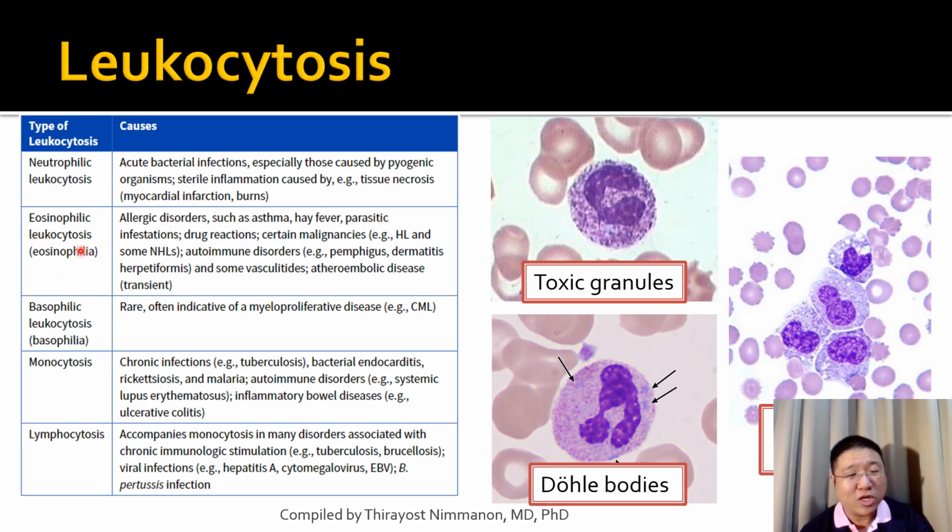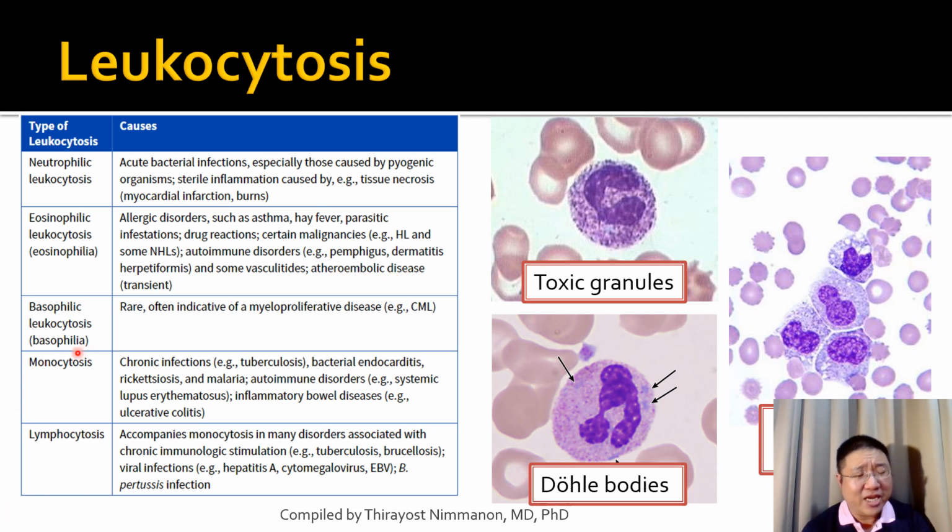And additionally, this condition can be seen in drug reactions and certain malignancies, including Hodgkin lymphomas and non-Hodgkin lymphomas, and also autoimmune disorders and some vasculitis, and also atheroembolic disease.